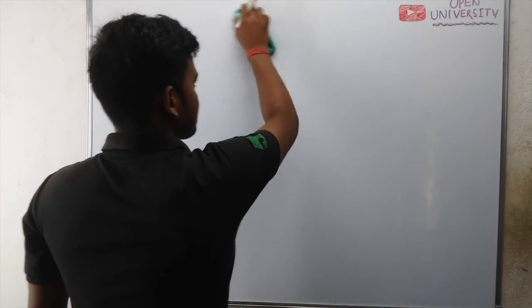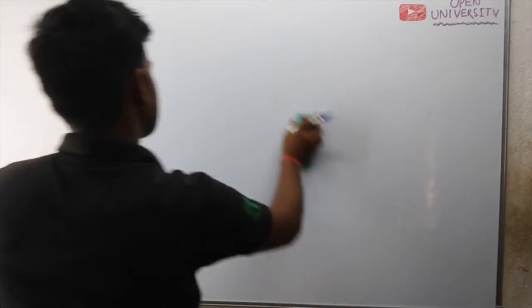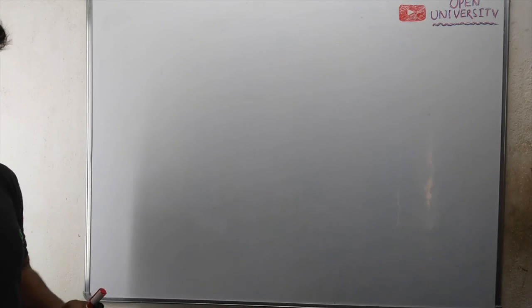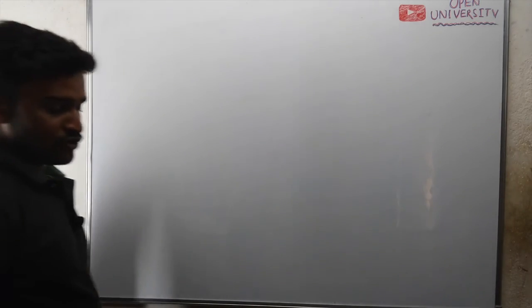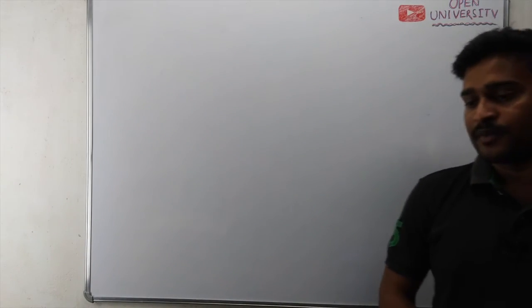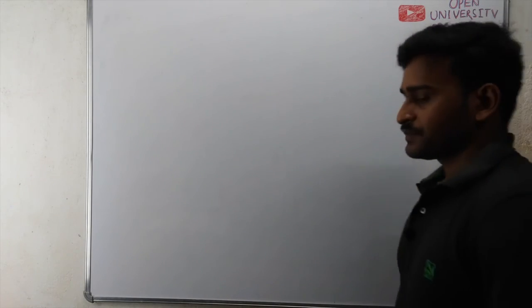Get the voltage across the Zener diode, and if this voltage exceeds the Zener breakdown voltage, then your Zener diode will be in breakdown. If it is not exceeding the breakdown voltage, then your Zener diode will be replaced with an open circuit. Write down this point.